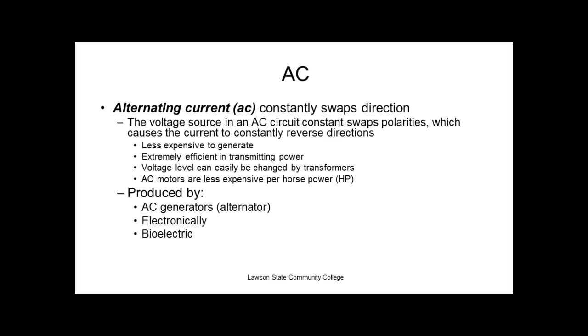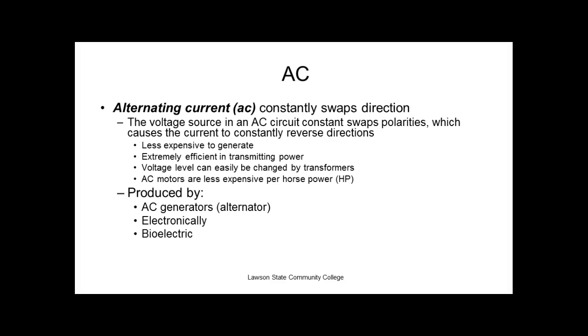AC motors are less expensive per horsepower. They're harder to control, but they're a lot less expensive. So that's why you probably don't have any DC motors in your house. Well, that's not true. Your DVD player, the motor that spins that disc in there is DC. And your car, all the motors in your car are what?